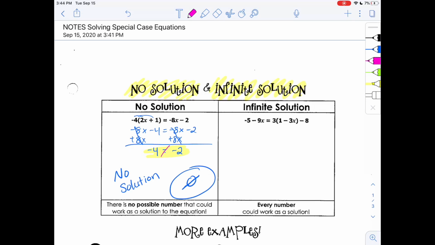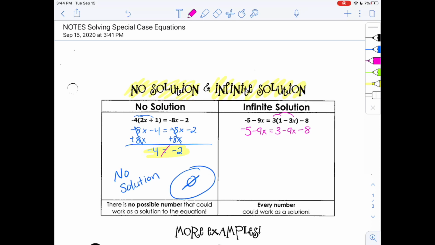Still, we want to follow our steps of solving multi-step equations with variables on both sides, so we're going to start by distributing our 3 to everything inside the parentheses, which would result in -5 minus 9x equals 3 minus 9x minus 8.